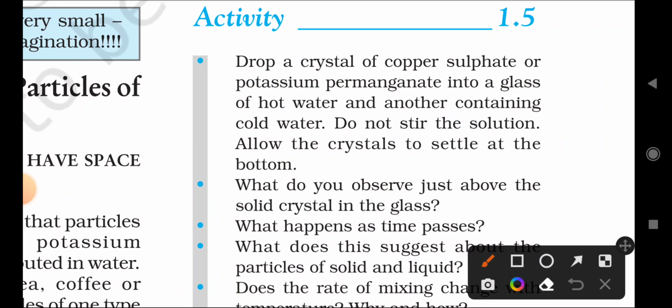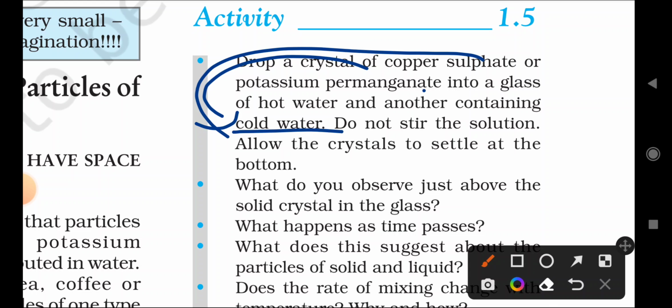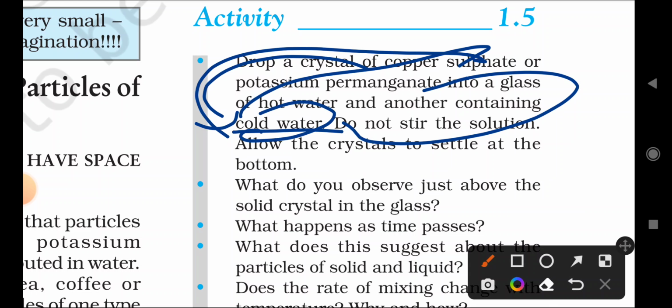potassium permanganate, into a glass of hot water and another containing cold water. Copper sulfate is taken in hot water and another one in cold water. Do not stir the solution. Do not stir means you do not mix.